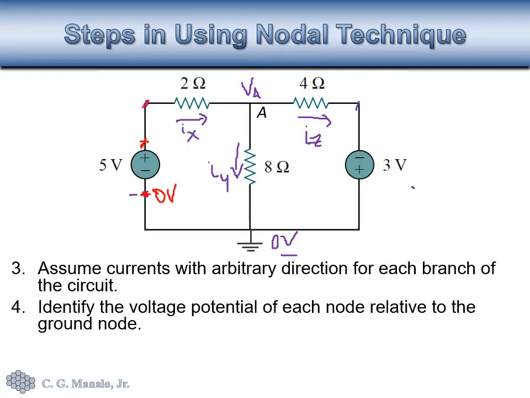And since this point is the same point as this point, this would be 5 volts. This point here is also attached to the ground, so therefore this must be 0 volts. And based on the position of the polarity of the 3 volts, this point must be negative 3 volts. So therefore, this point here is also negative 3 volts.